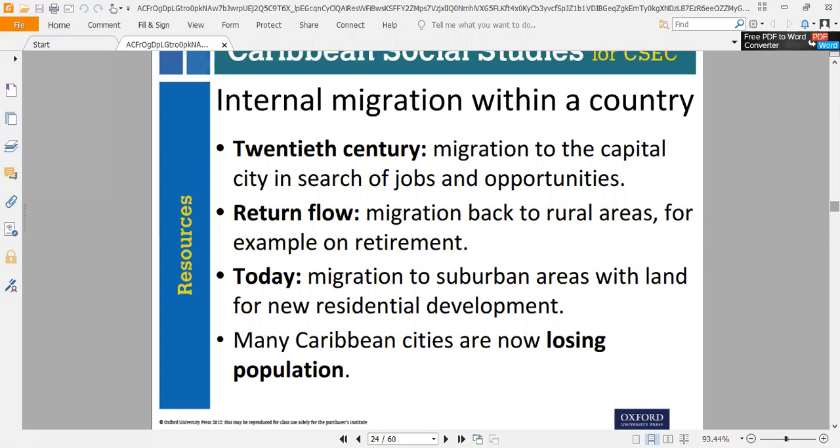So it's suburban because there is a high percentage of agricultural land, which is still being used in Mandeville today. Many Caribbean cities are now losing population. And of course, we realize that because most persons end up overseas. They're going overseas. Let's move to the next slide.